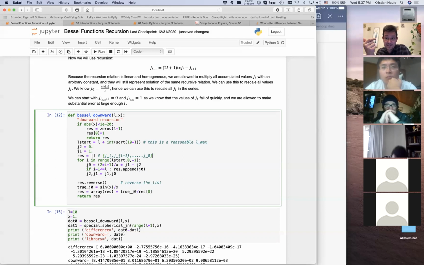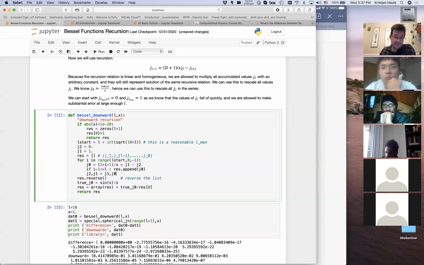We expect J0 to be first, not JL. Because of that, we use something called reverse. This reverse just flips the first and the last element, and all of them. So from now on, we're going to have J0, J1 to JL.